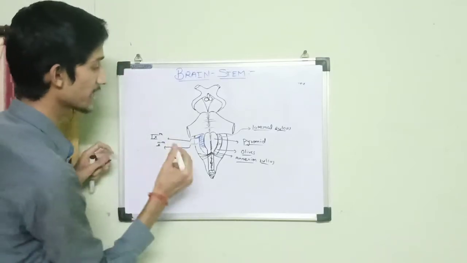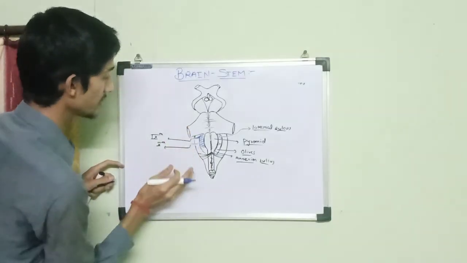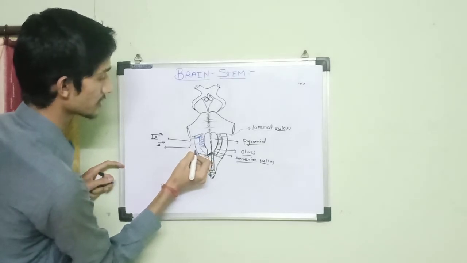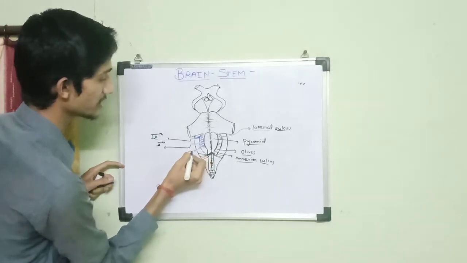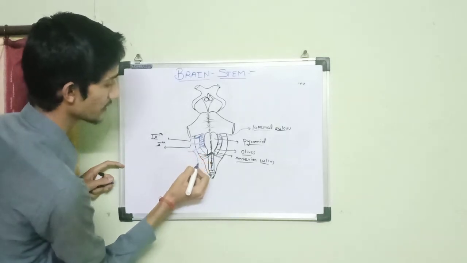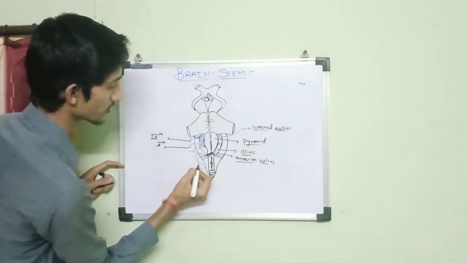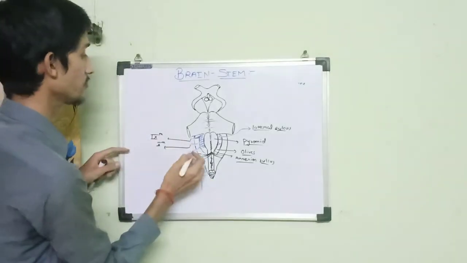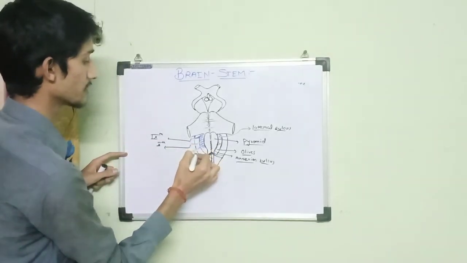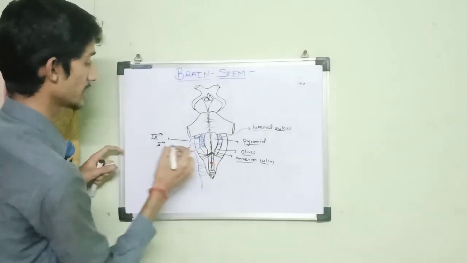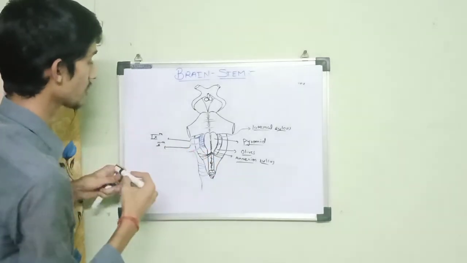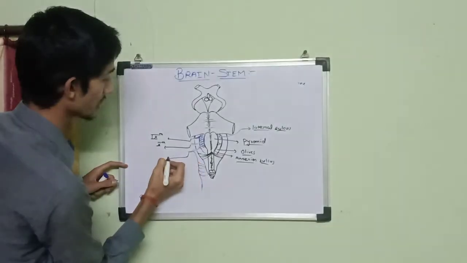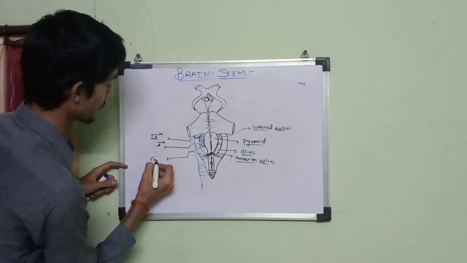So the cranial root arises from the lateral sulcus, a little bit lower to the 10th cranial nerve. This is spinal accessory nerve, its cranial root. And similarly we have its spinal root also. So the cranial root of spinal accessory nerve arises from the lower of the vagus nerve.